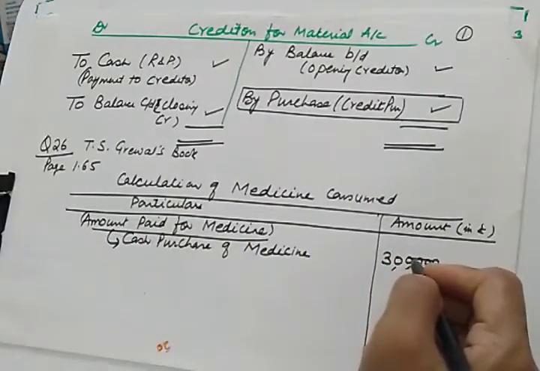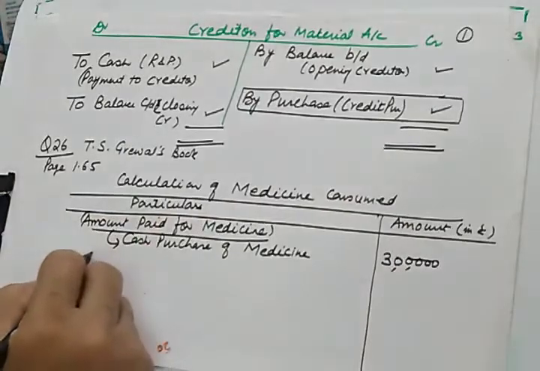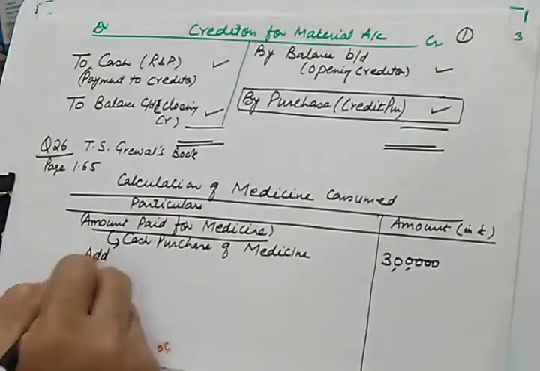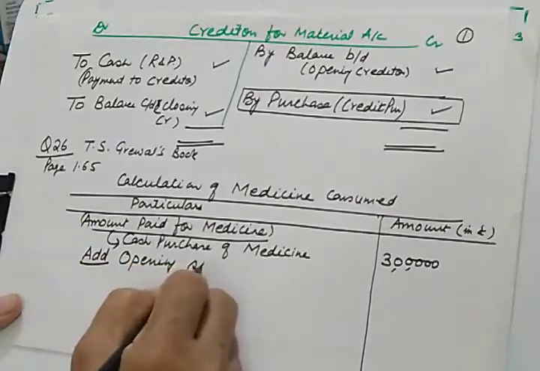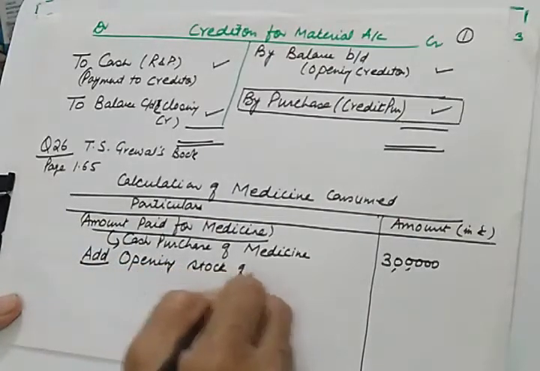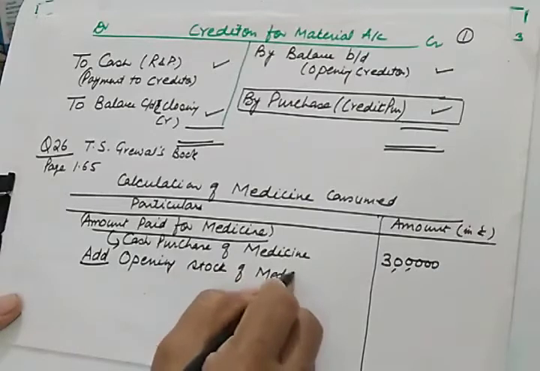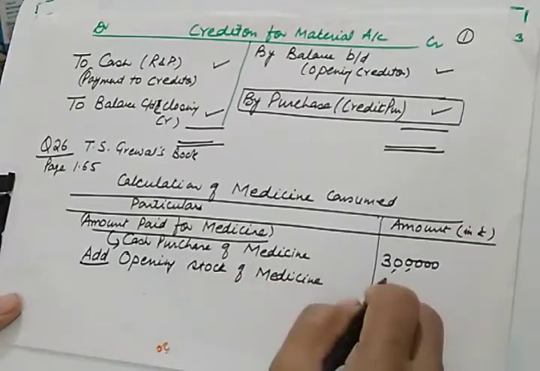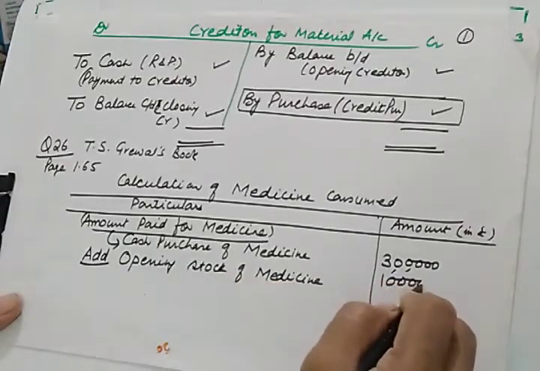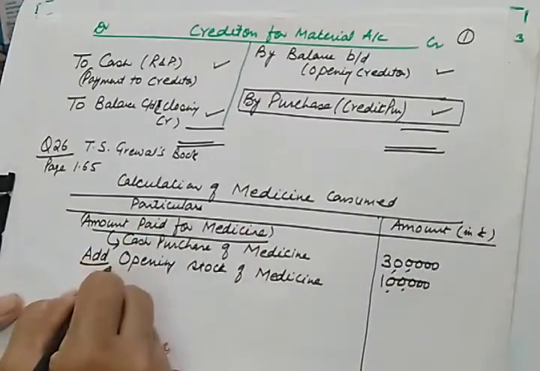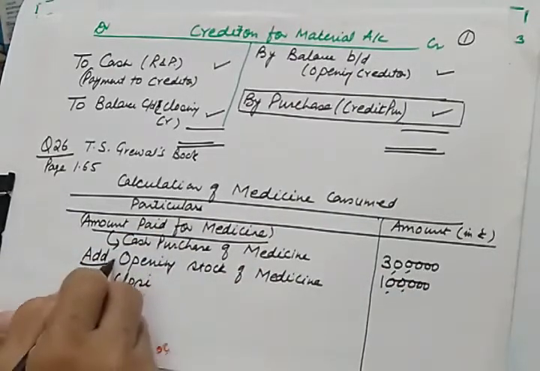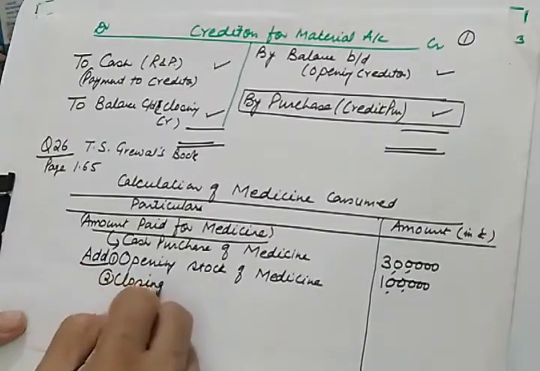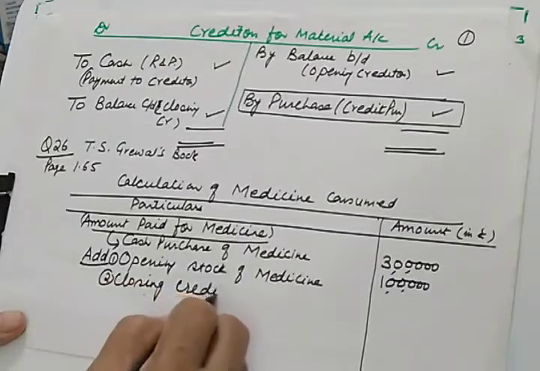Then thereafter opening stock. I told you opening stock will be added. Add opening stock of medicines, which is 1 lakh. And then we'll be adding one more thing. So we are adding number 1. Number 2, we are adding closing creditors of medicines.